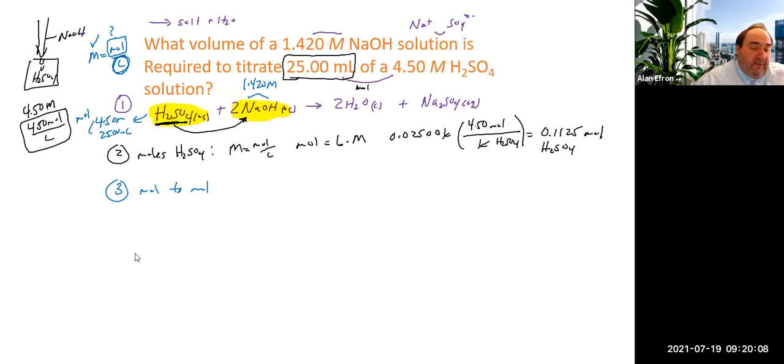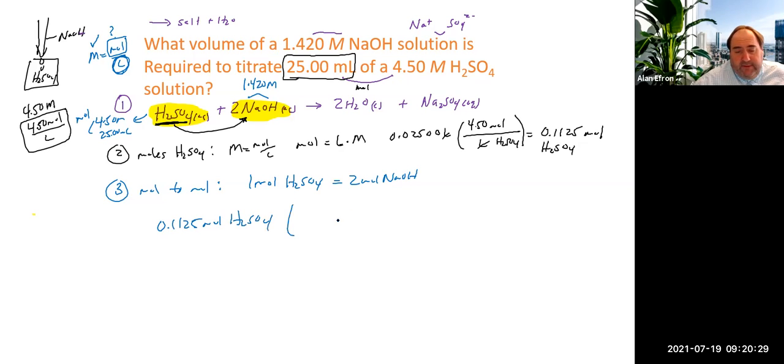From the equation, we can see that for every 1 mole of sulfuric acid, you get 2 moles of sodium hydroxide. So we're going to use that like a normal stoichiometry problem to go from moles of sulfuric acid to moles of sodium hydroxide, which is really what we're interested in.